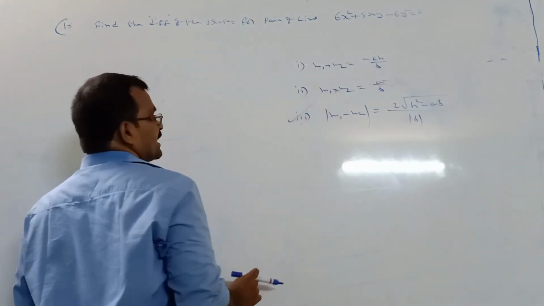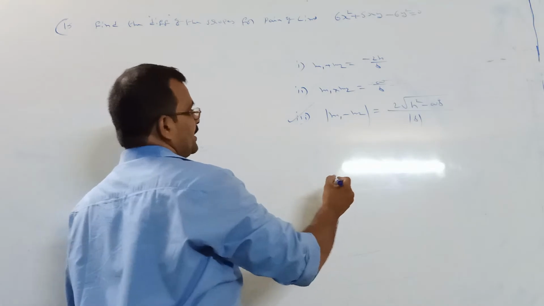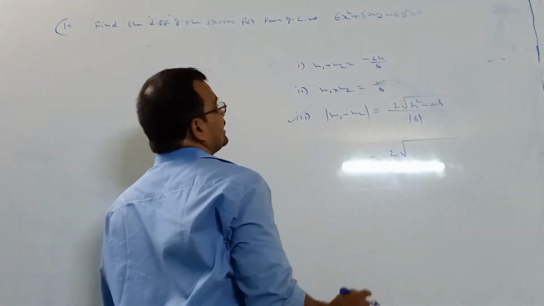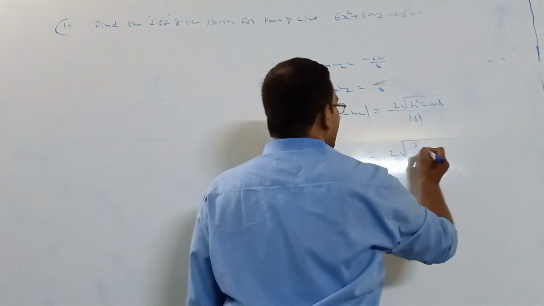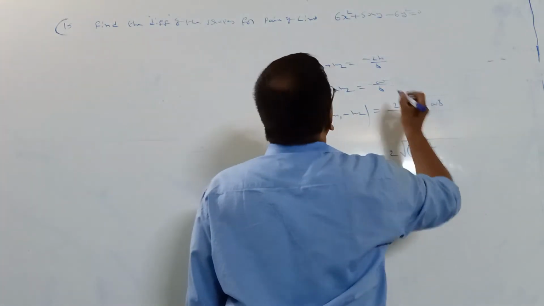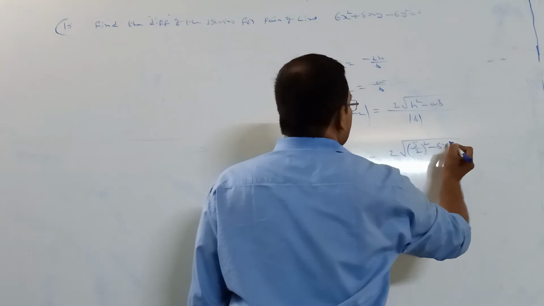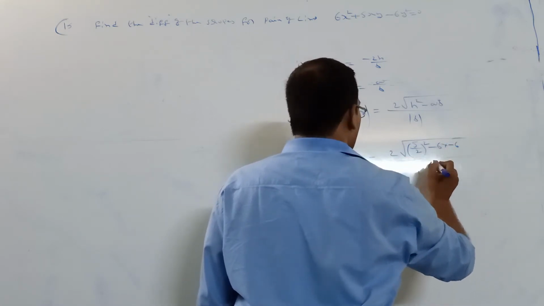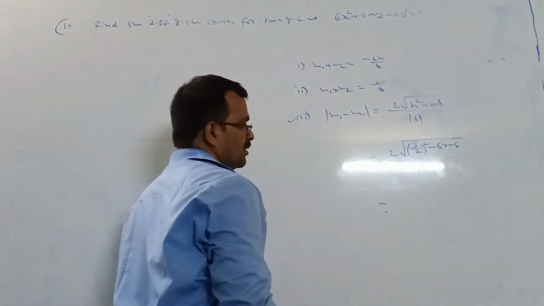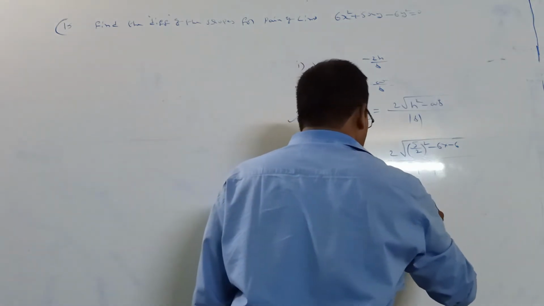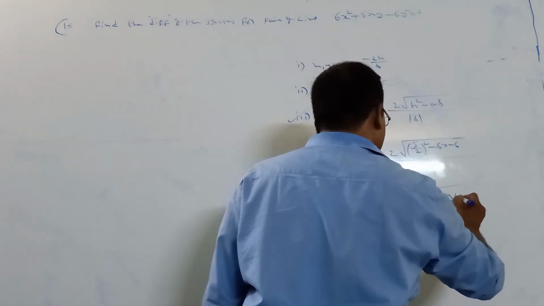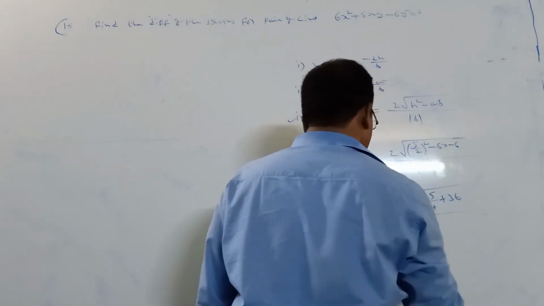So they ask me the difference of the slopes. That equals 2 into under root of h square minus ab by mod b. 2h equal to 5, h means 5 by 2 whole square, ab: a is 6, b is minus 6, by mod b, that is modulus of minus 6. So do the calculation: 2 into under root of 25 by 4 plus 36, by 6.